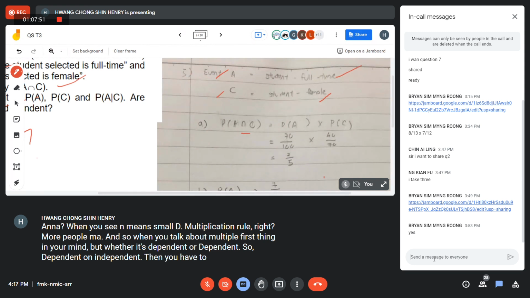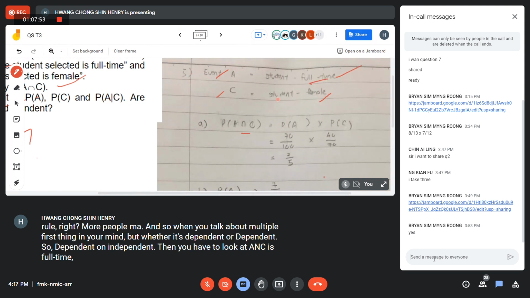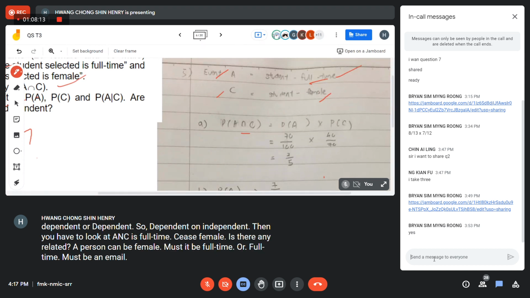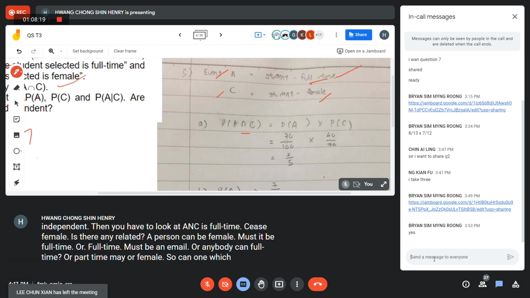Then you have to look at A and C. A is full-time, C is female. Is there any relation? A person can be female, must it be full-time? Or must full-time be only male? Or anybody can be full-time or part-time, male or female. So ask yourself.